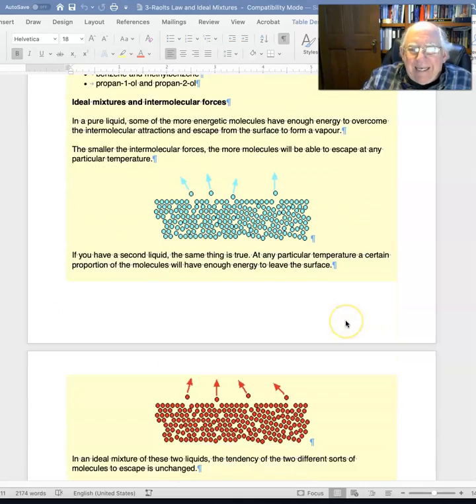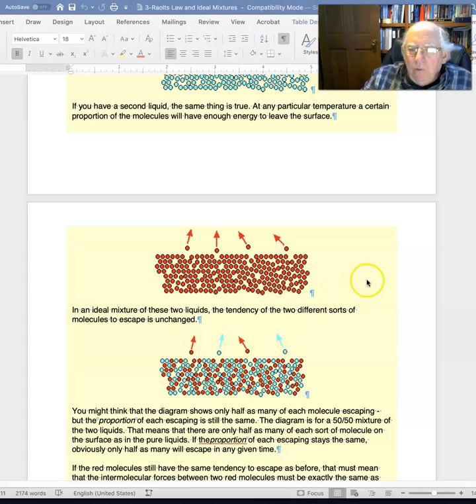When you have a second liquid, the same thing holds. You have the second liquid shown here as red molecules, and again the intermolecular forces acting on those molecules will give rise to its saturation pressure, or its tendency to leave the surface.